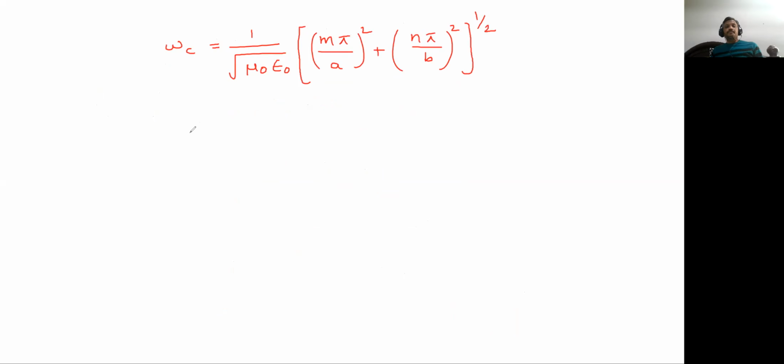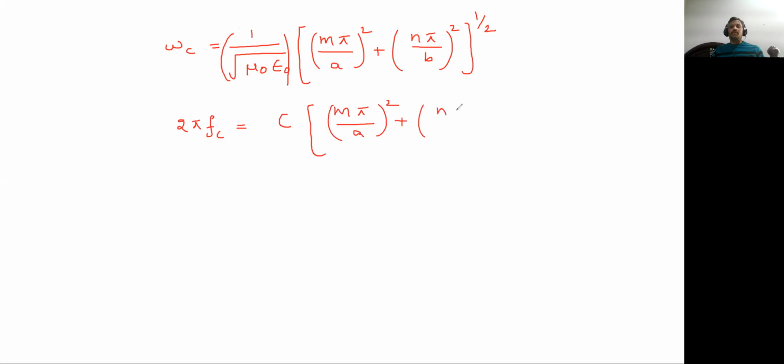So we can write 2 pi fc is equal to 1 by under root of mu naught epsilon naught, which we can write as c, approximately equal to 3 into 10 power 8 meters per second, into the same thing, [(m pi by a) whole square plus (n pi by b) whole square] whole power 1 by 2.